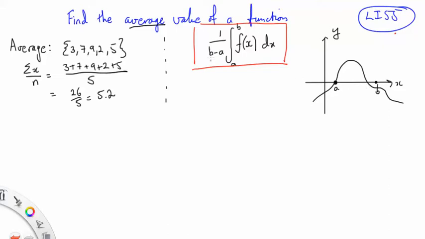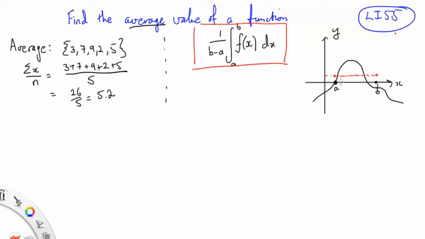Well, this formula can tell me, and all it's saying is if I were to pick a value at random, on average, what would it be? So it'll just give us some constant value that's kind of like the average of that function over that interval from here to here.